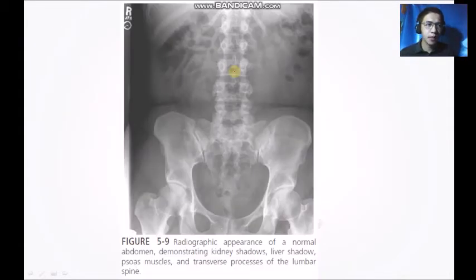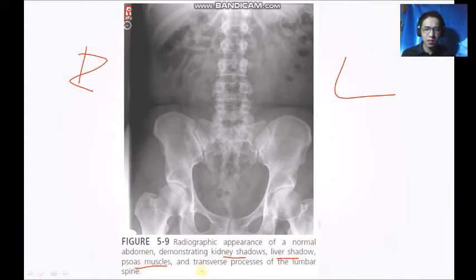Okay, so we have here an example of an abdominal x-ray. So this is the letter R. That means this is the right side of the patient, this is the left side of the patient. Okay, so radiographic appearance of a normal abdomen demonstrating kidney shadows, the liver shadows, psoas muscles, transverse process of the lumbar spine. Okay, so again, diba, when you say radiopaque, that is white.